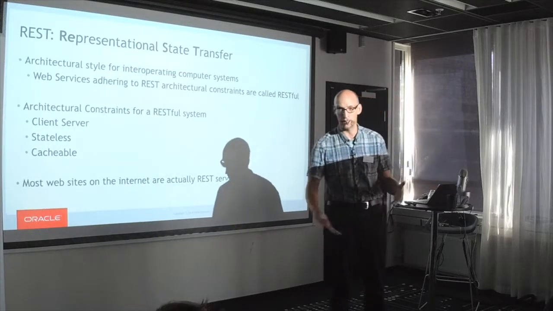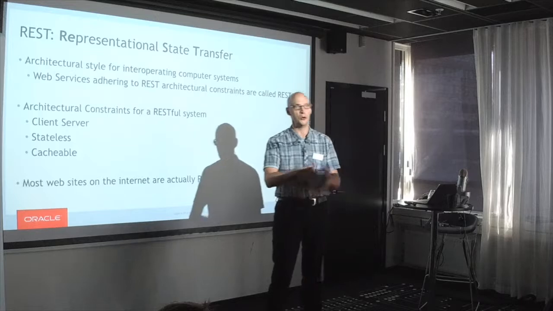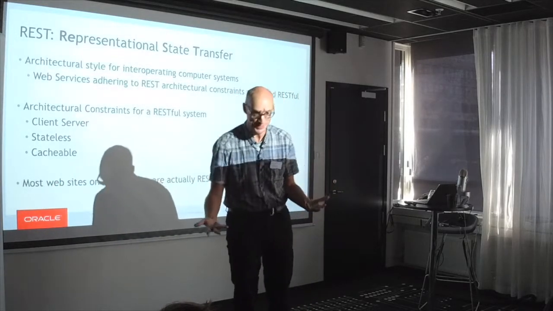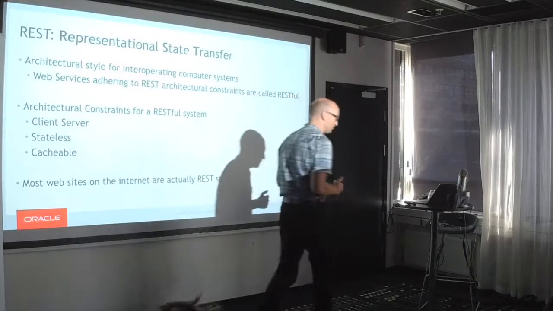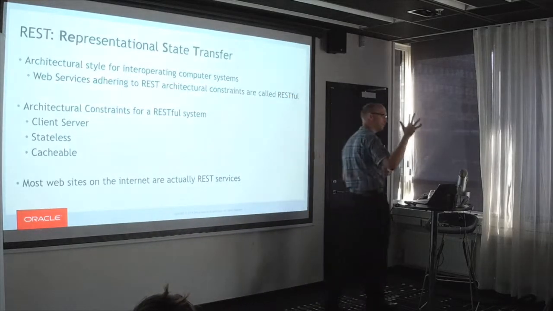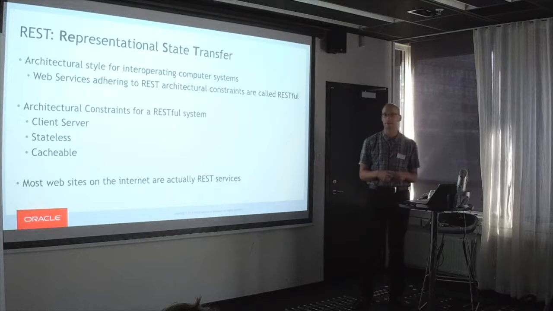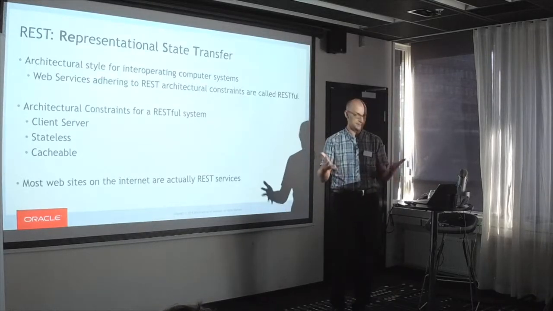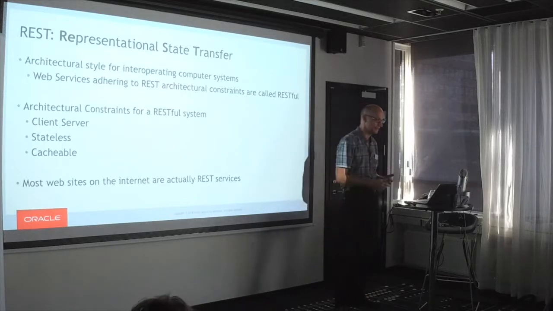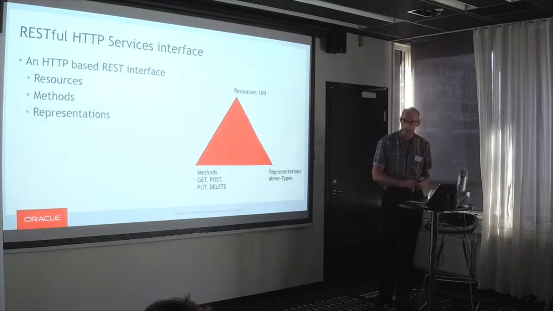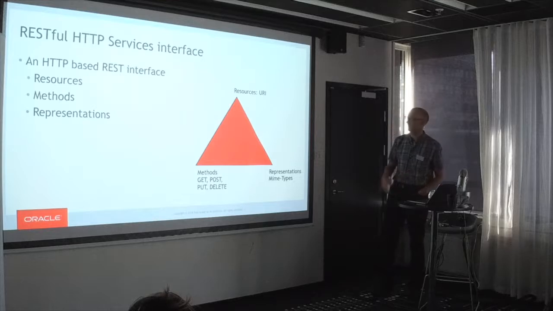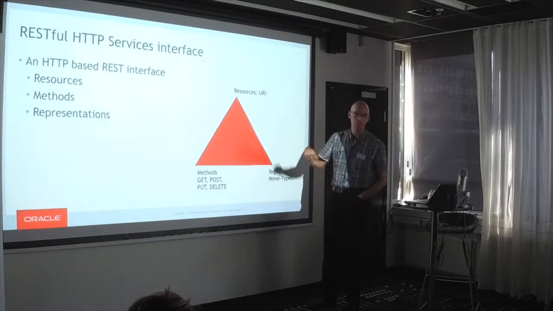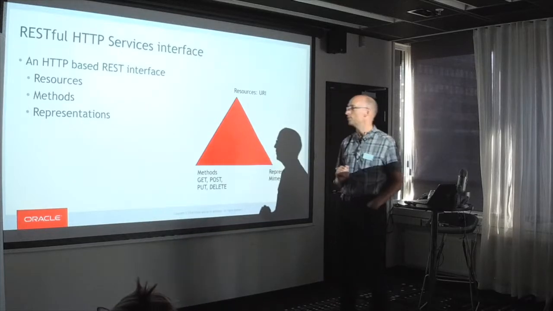So whenever you use your browser to call a web page or to read a web page, you are executing a REST request, all right? When you look at the characteristics of a RESTful service and check whether this applies to the website you are working with, yes, this matches, right? You can describe a REST interface based on this REST triangle, and these three areas make up a RESTful interface.